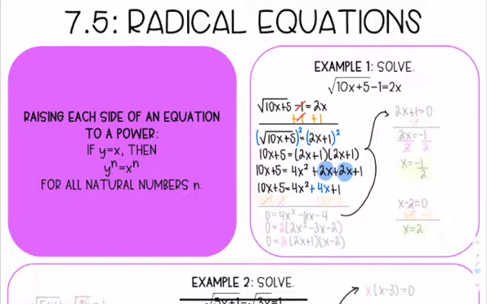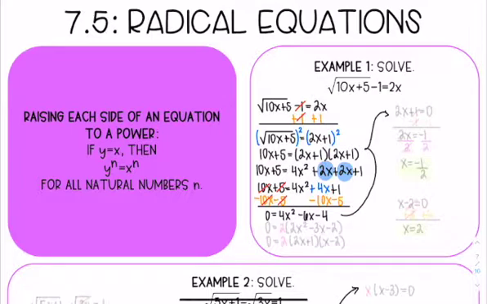Since this is a quadratic, we want to set this equal to 0, so I am going to subtract 10x and subtract 5. Our left-hand side completely cancels, and we have 0 equals 4x squared minus 6x minus 4.